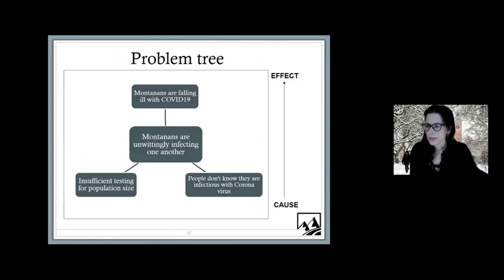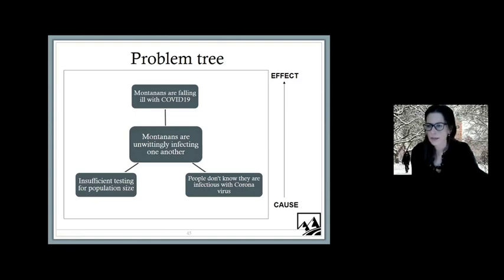Say, for instance, we start down here at the cause. I've mistakenly capitalized Corona here, or maybe my autocorrect jumped in and thought I was talking about the beer. Say the cause of the problem down here is that we have insufficient testing for the population size, as one cause in the problem that we're trying to resolve.